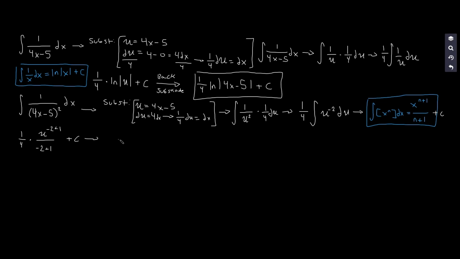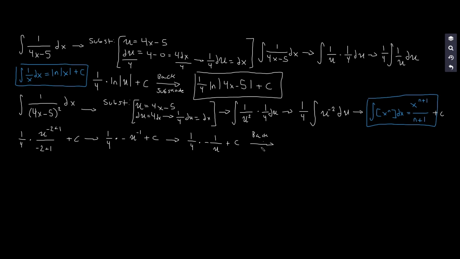This is going to be 1 over 4 times negative u raised to the negative first power plus c. And I'm going to put that u in the denominator here, so we're going to have 1/4 times negative 1 over u plus c, and then we're going to hit it with that back substitution.